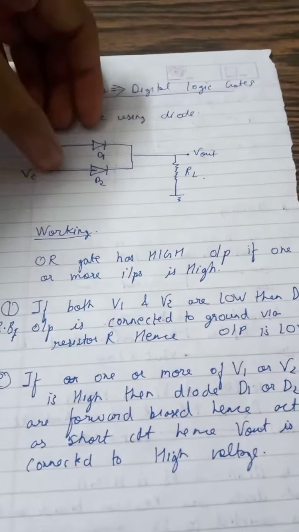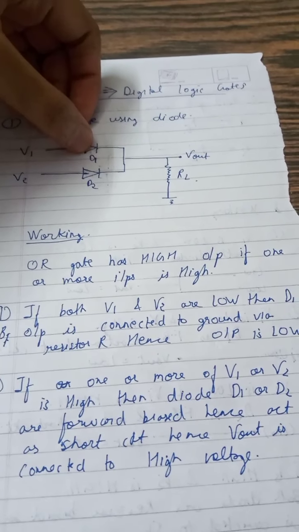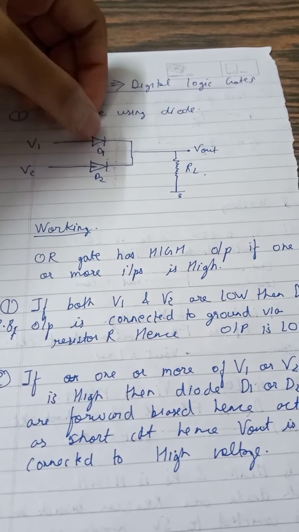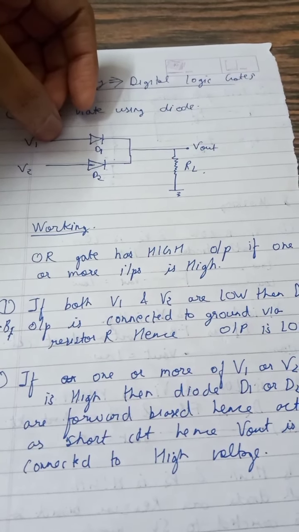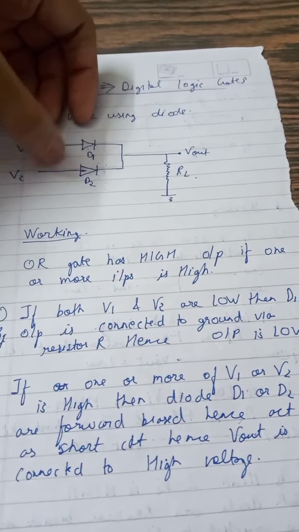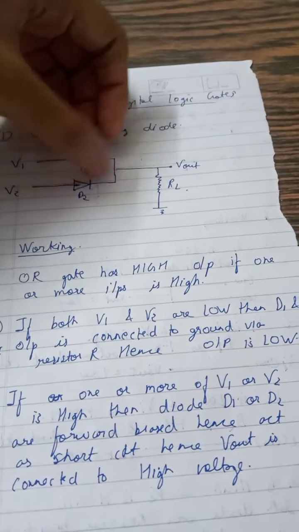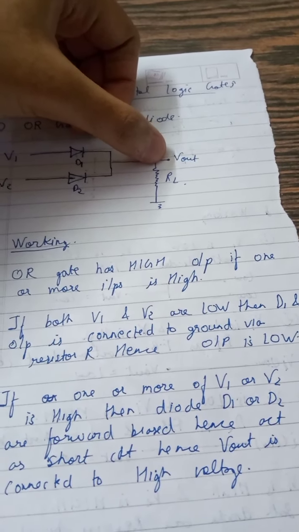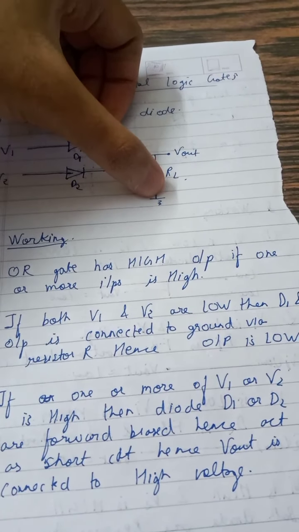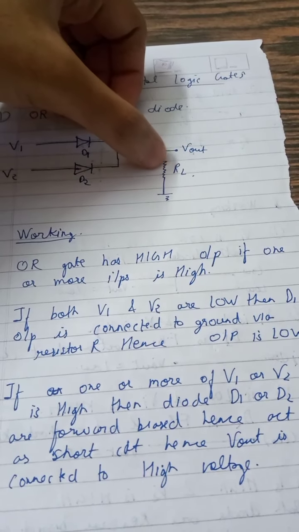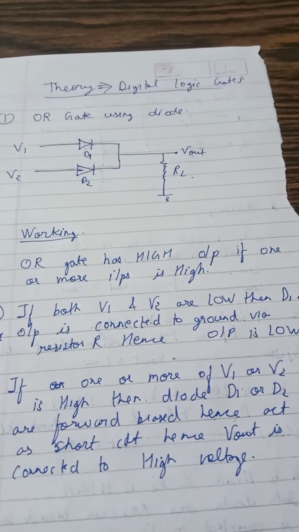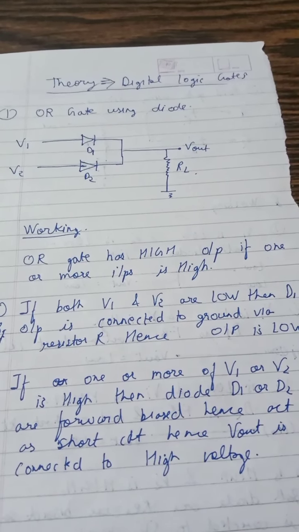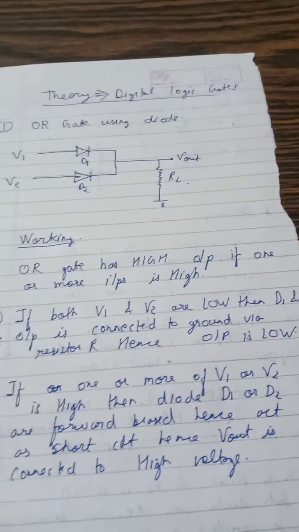So both of these diodes will act as reverse bias because P terminal is connected to 0 volt low voltage. So V out will be connected to ground via the load resistor.